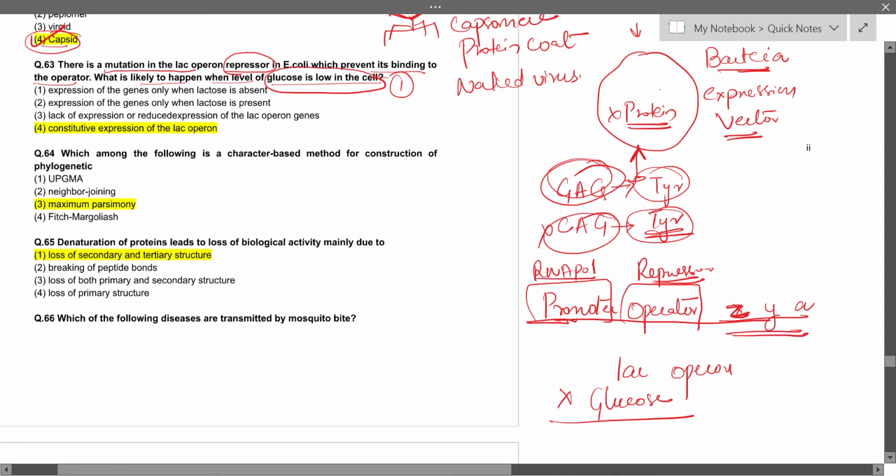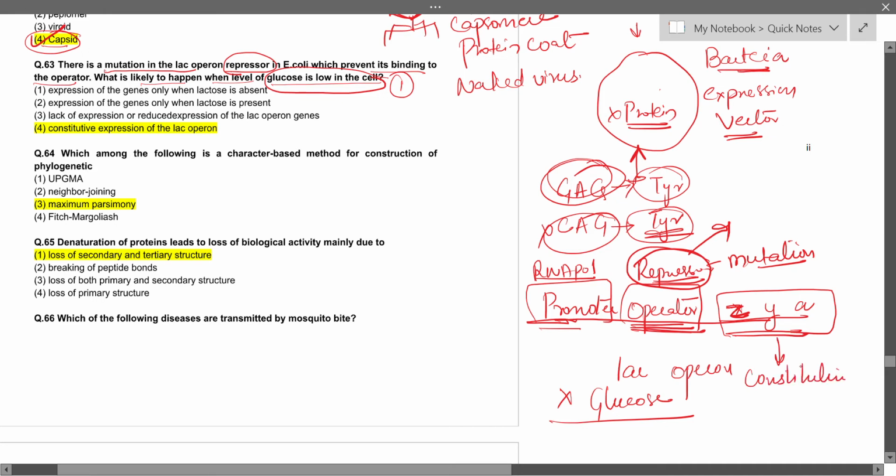But they are saying that the repressor is having a mutation. That means it will not bind to the operator now. If it is not binding to the operator, there is transcription of these genes, right? So constitutive expression of these genes happens. Understood?